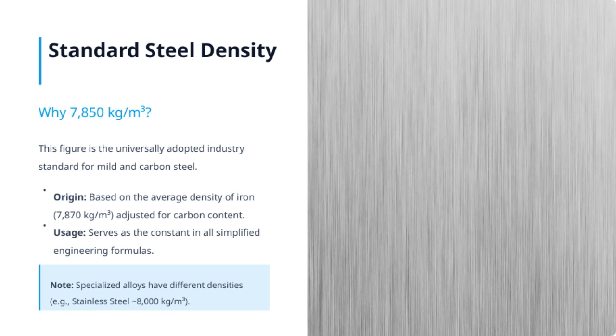It's universally accepted, so when you're doing calculations or designing structures, you can rely on this consistent value. And the reason we choose 7,850 rather than the exact 7,870 is mainly to have a rounded, practical number that simplifies calculations while still being very accurate for most engineering purposes.